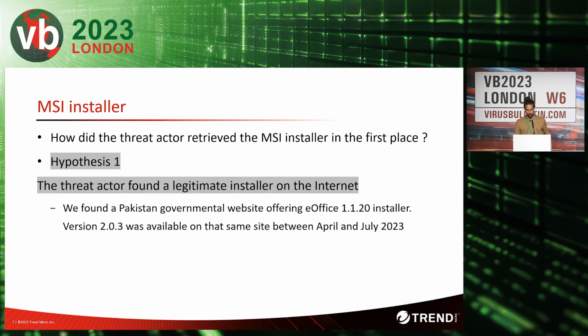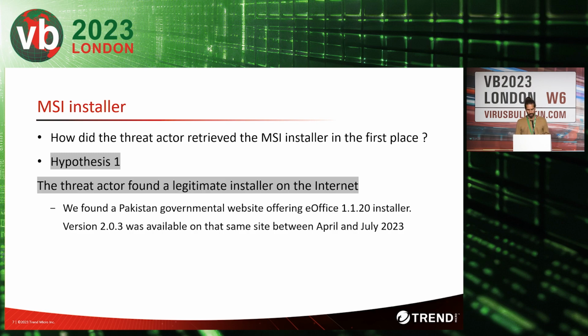So we searched for that installer ourselves, and we found an official Pakistan governmental website that offered the oldest version of eOffice. This same website offered the newer version, but only starting in April of this year. And if you remember, the attack happened in September 2022. So we believe that at the time, in September 2022, there was no public source for this legitimate installer.